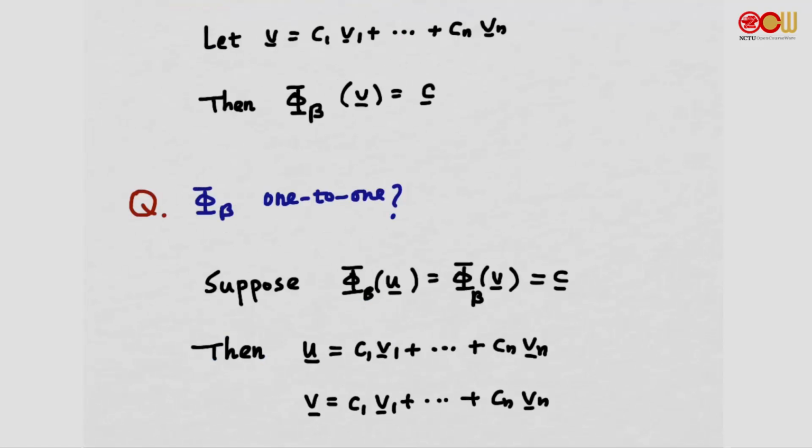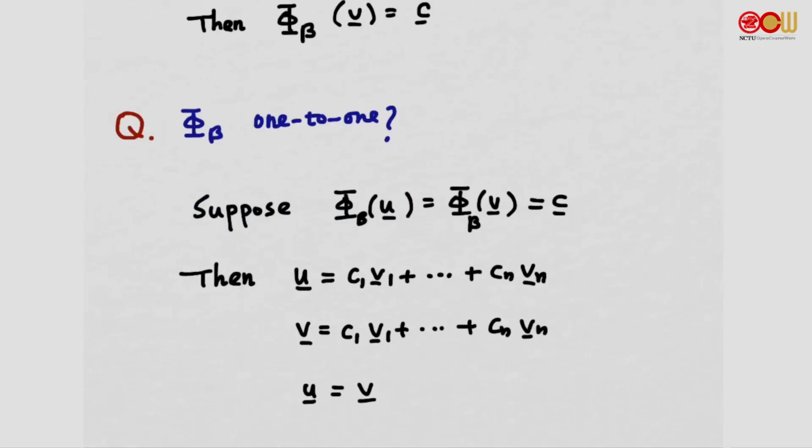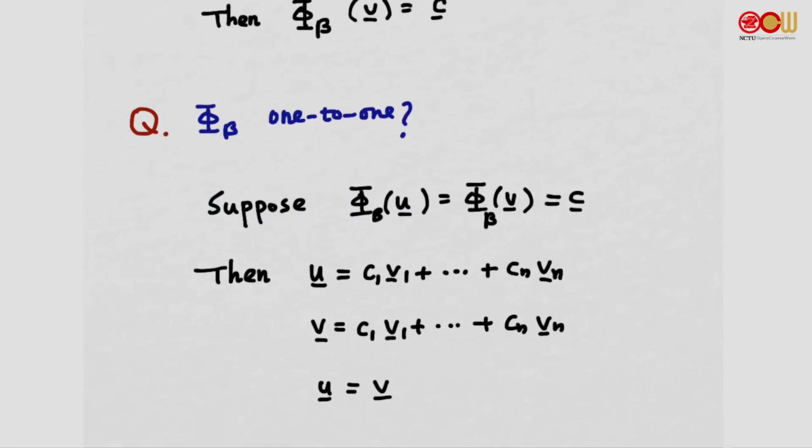This means that if we use these coefficients in C as linear combination coefficients to linearly combine the V vectors, we get u. And in exactly the same manner, we can linearly combine the V vectors and we get v, right? So that's the definition of a coordinate vector. So we get v equal to u. And so phi B is also one-to-one.